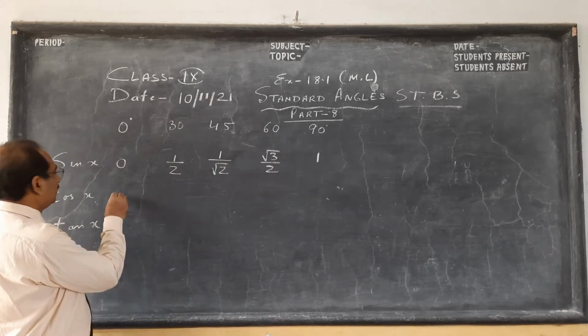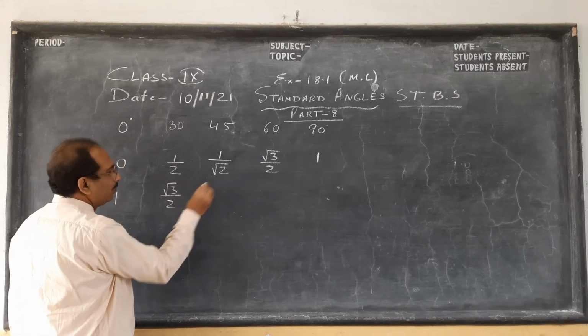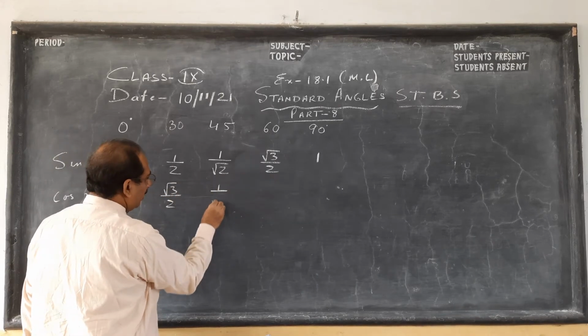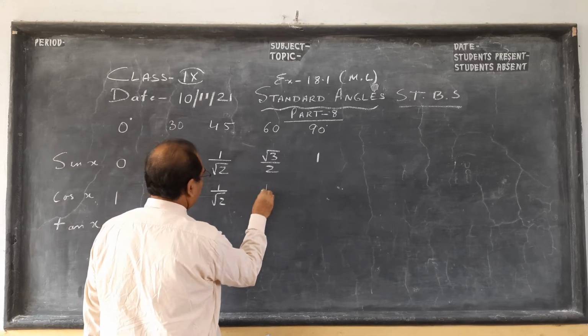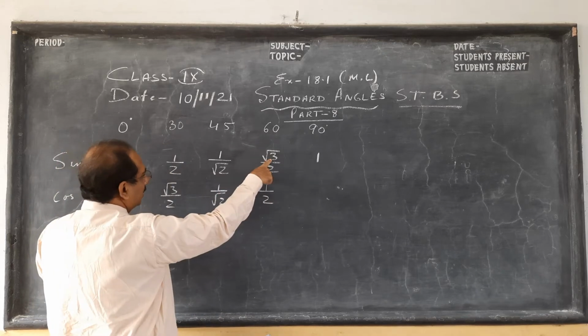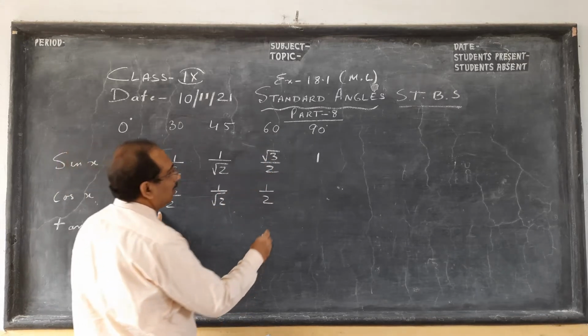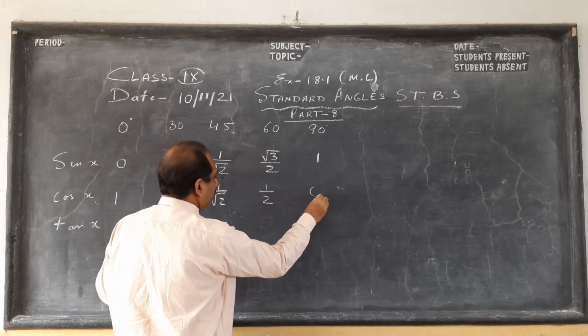Cos, you do just the opposite. 1, root 3 by 2, 1 by root 2, we just write in reverse order, because we have seen in complementary angles that sine 30 is cos 60 and cos 60 is sine 30. I have already made videos on this, I think 4 and 5. So here it will be 0.